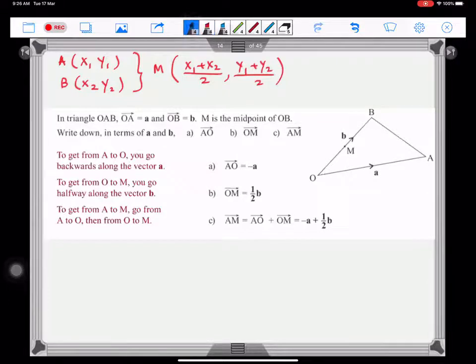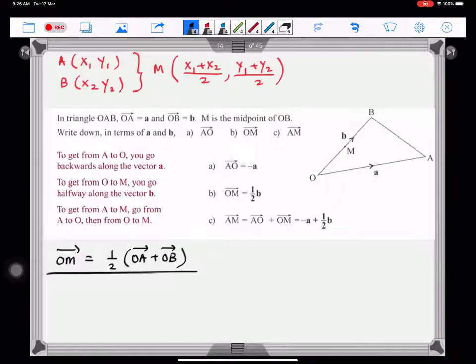Therefore, we generalize this rule that OM is basically half of OA plus OB. In this case, it's half of OB, but the general rule is this.